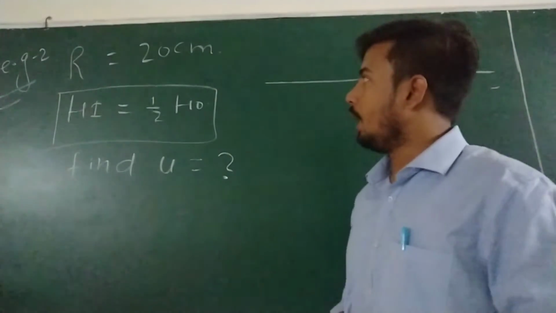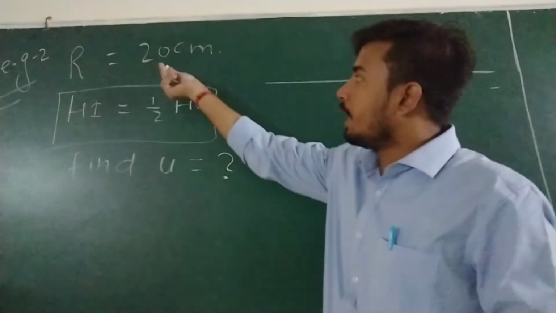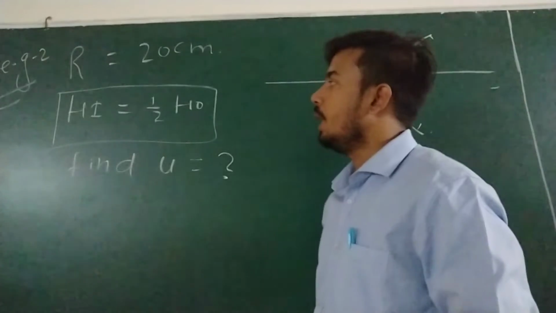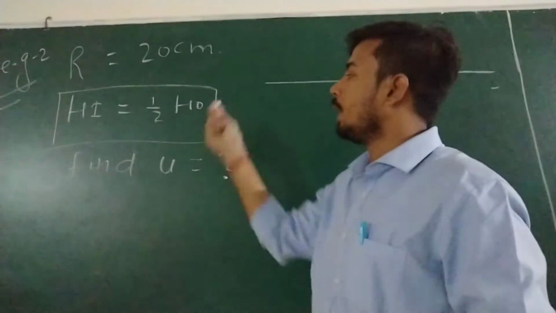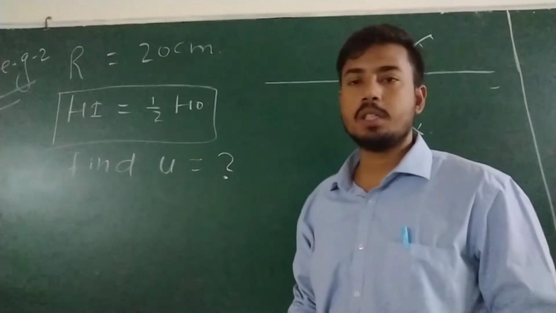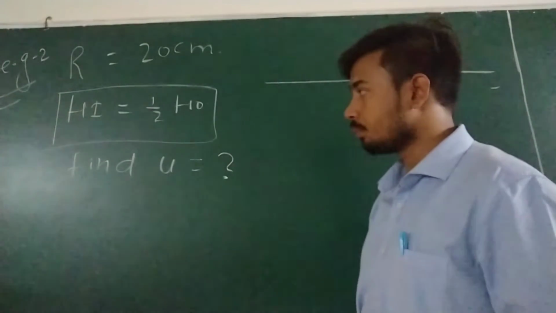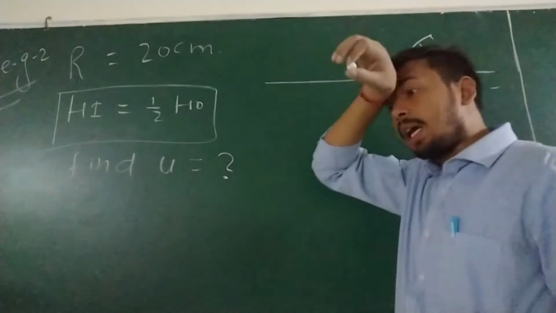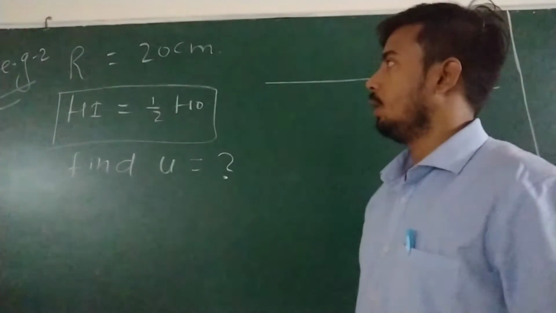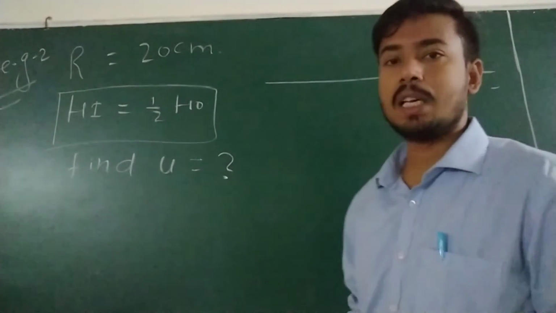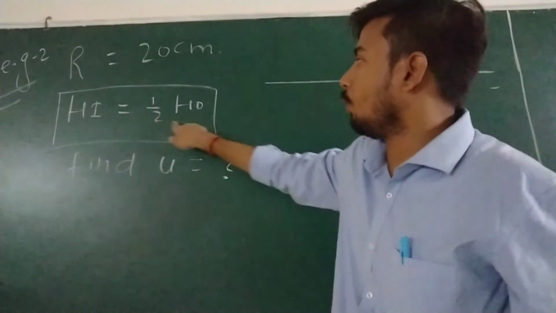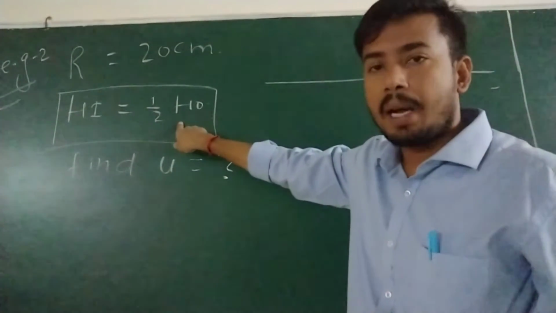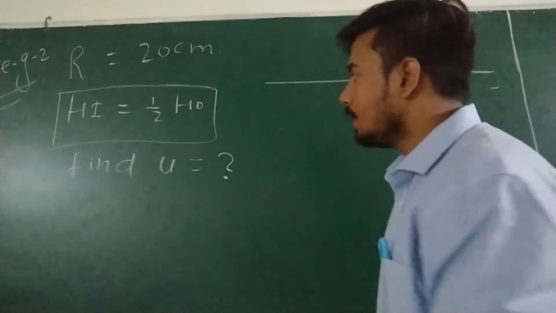So here we can find position of object very easily by using a single formula of magnification, because this is basically one kind of information about magnification. So let's see its solution.